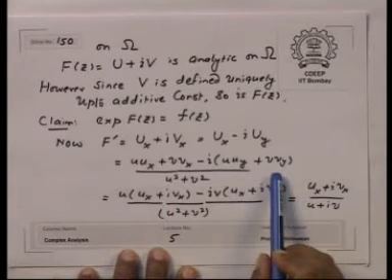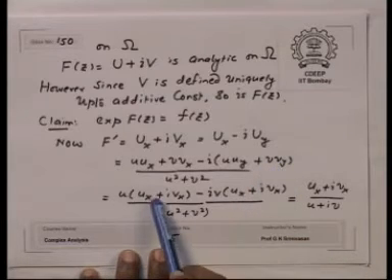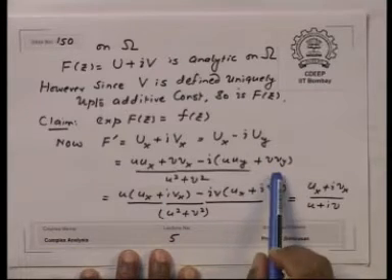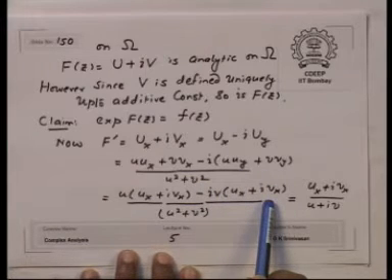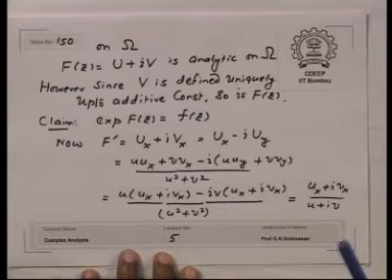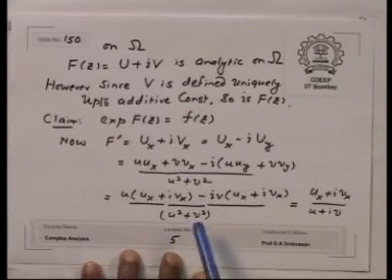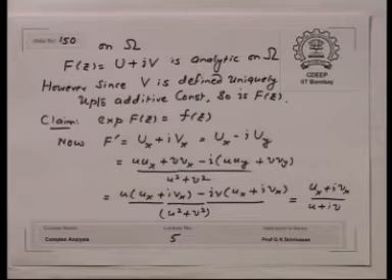Again here you have to do a little bit of adjustment with the Cauchy-Riemann equations. Again the y derivatives are gone and replaced by the x derivatives, and then u minus iv is a common factor which cancels with the u minus iv below, and you are left with u sub x plus iv sub x divided by u plus iv.